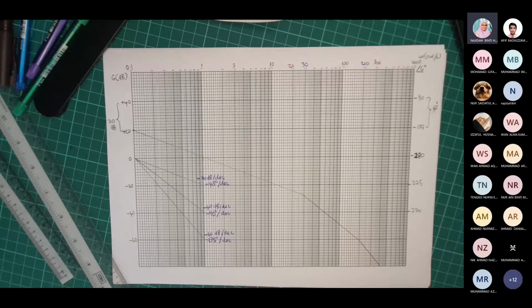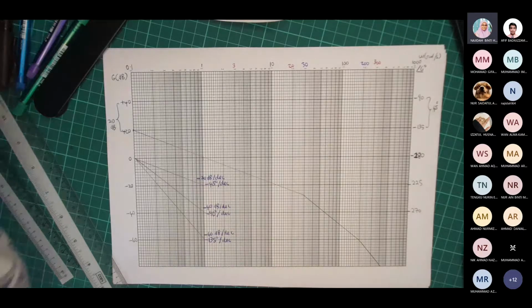First time, okay. I believe from my experience, students said this is the easiest and fastest way to sketch the Bode plotting compared to the other technique. So I hope this technique will help you so that you can plot the Bode plot faster, but make sure it is correct and accurate.